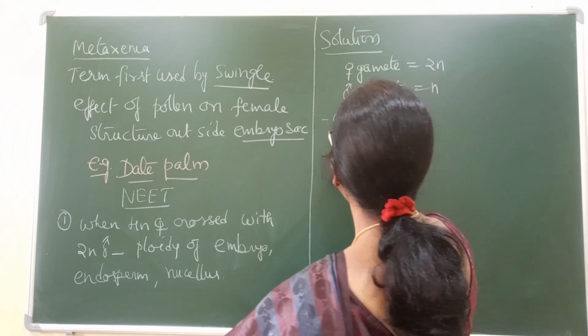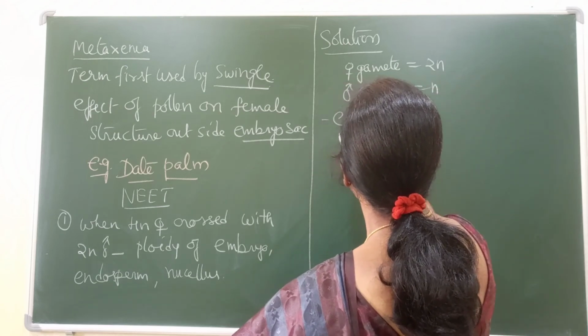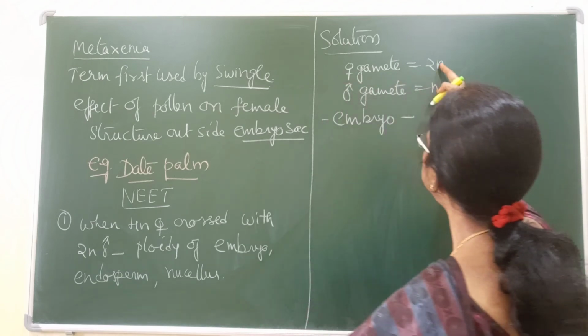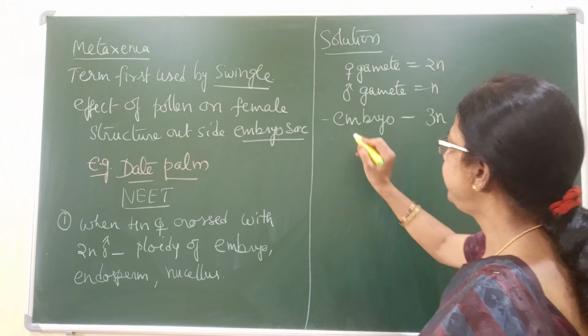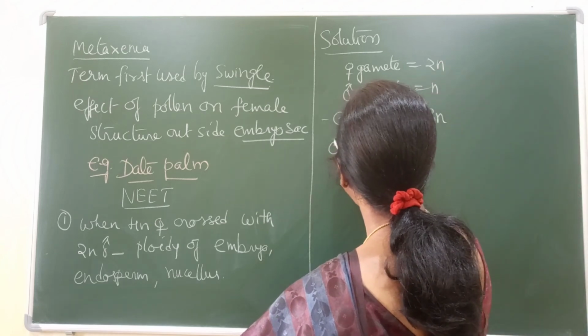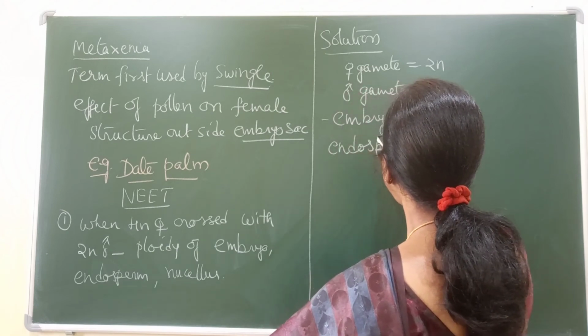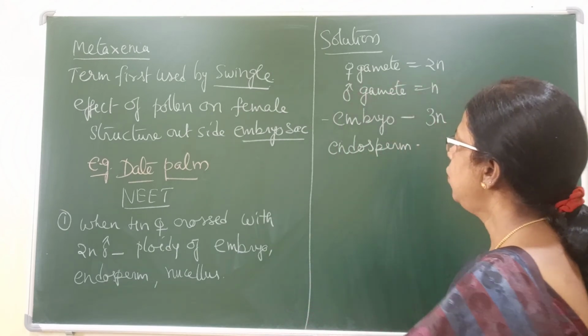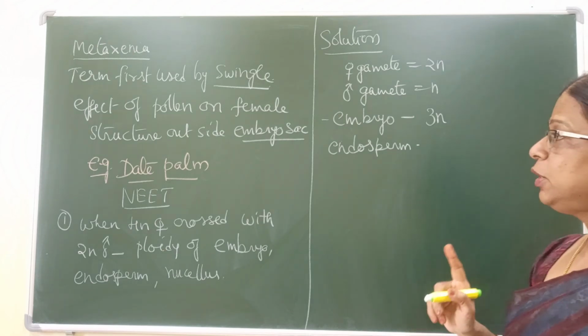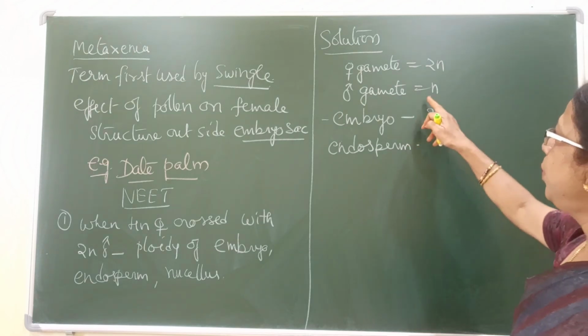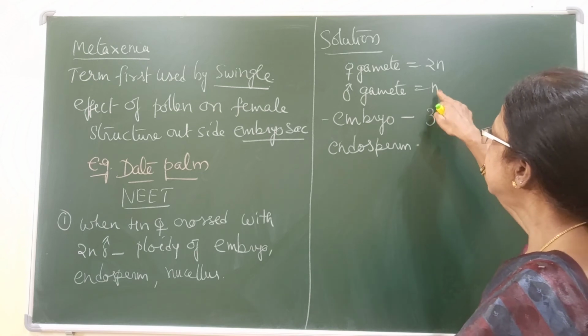So the ploidy of the embryo: fusion of 2n and n gives 3n. Then the ploidy of endosperm. Endosperm is formed by fusion of the secondary nucleus with a male gamete. The male gamete here is n.